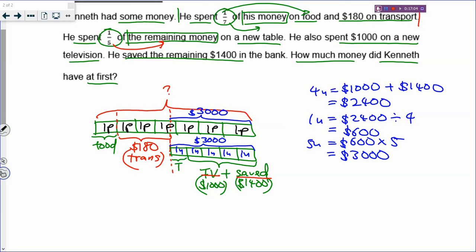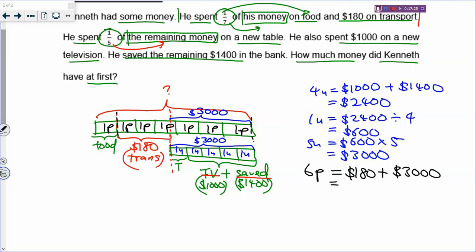Okay, and then if you look carefully, you can see how many parts equal how much. So if you notice, from here until here there are 6 parts, right? 6 parts or 6 boxes will be equal to $180, which is the transport, plus the remainder money as well, which is the $3,000.